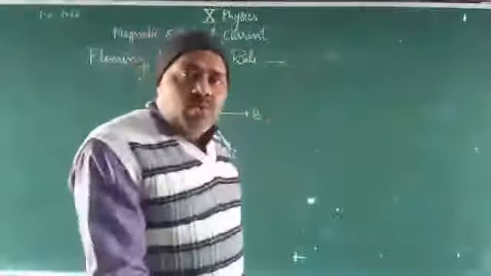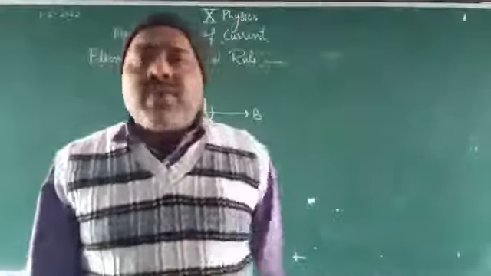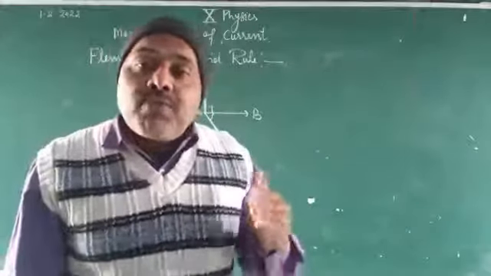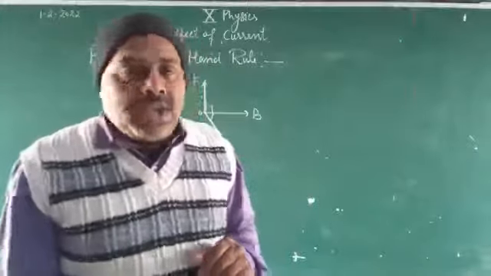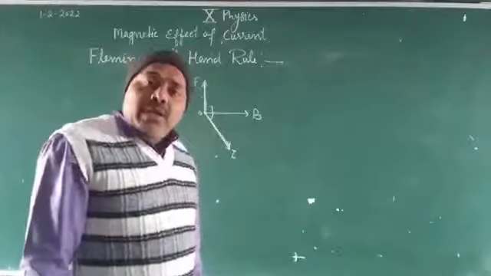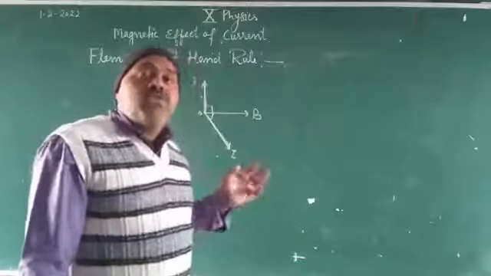We can use this rule in the electric motor, because there we can find the direction of motion of conductor and direction of force also. So we can use the Fleming left hand rule to find the direction of motion of coil or direction of motion of conductor and direction of force also.